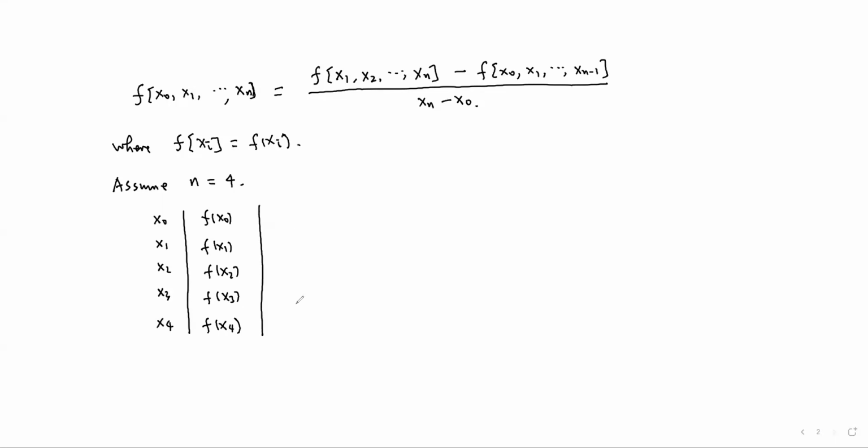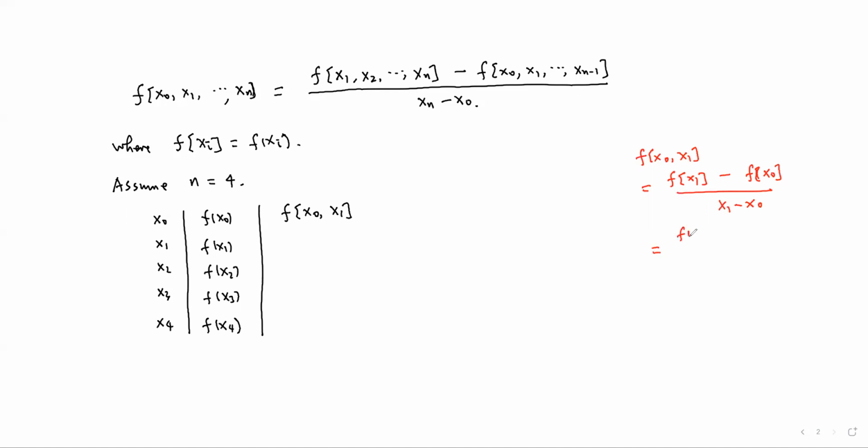The third column is for divided differences of order 1. This divided difference, we can compute it by this formula. The computation is here. For x0, x1, according to this formula, it is the divided difference at x1 minus the divided difference at x0, over x1 minus x0.